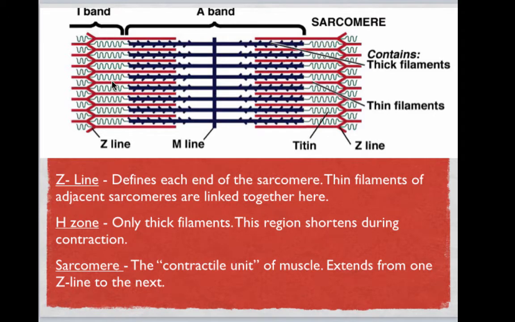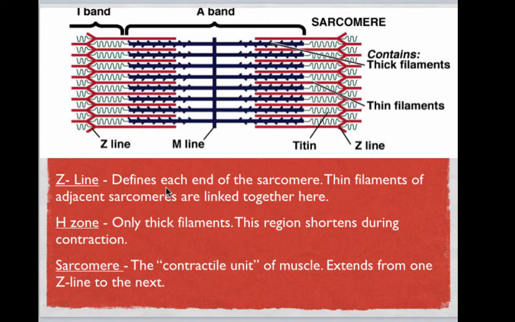So in this picture, everything that's red is actin. The sarcomere in this picture goes from this Z line over to the next Z line. And the sarcomere is the contractile unit of the muscle. So it's going to be the part of the muscle that actually shortens.